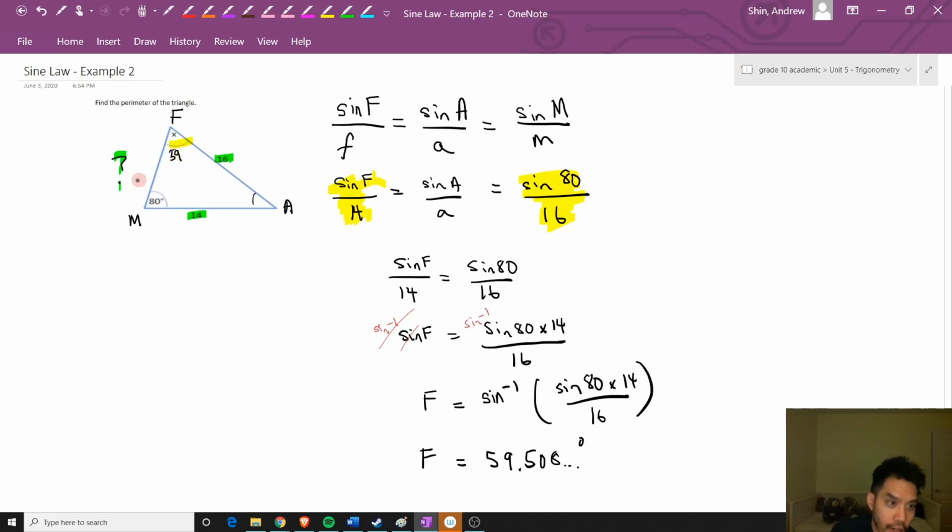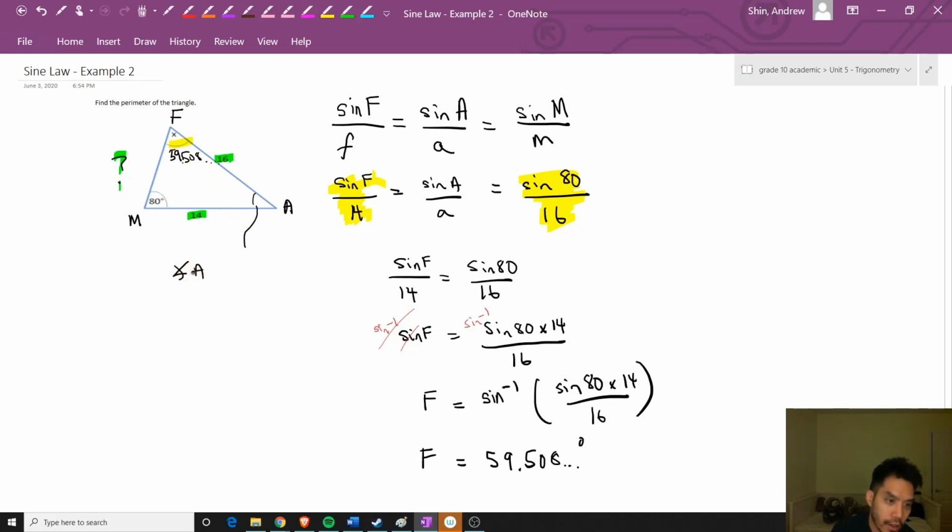I know that it hasn't helped me find the perimeter just yet, but it's the only thing I could find so far. But once I have this angle, I can actually find out what angle A is using 180 degrees, because angles in a triangle add up to 180.